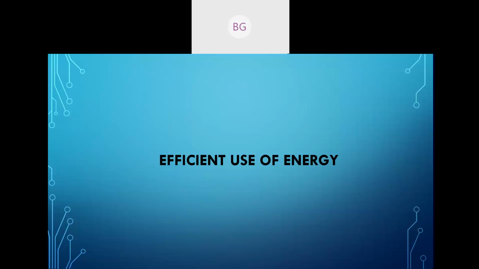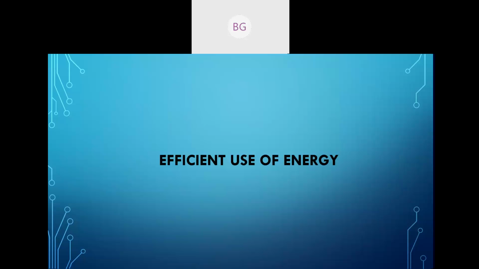Even the gadgets or electronic items we use, for example refrigerators. Nowadays in ads you can see they tell 5 star, 4 star, right? They give ratings to these electronic items, which means they tell us how efficient they are. When we have refrigerators, ovens, stoves, these appliances come with star ratings like 4 star, 5 star.